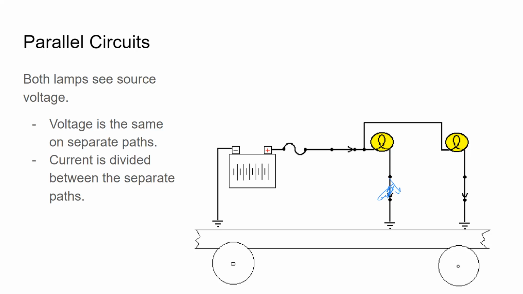It'd be something similar if this bulb simply burnt out. Well, this bulb still has 12 volts, so this bulb would keep going, which is exactly what your headlights normally do.